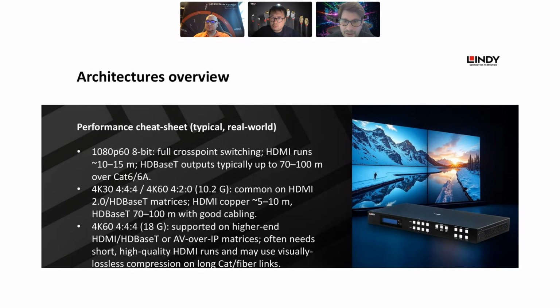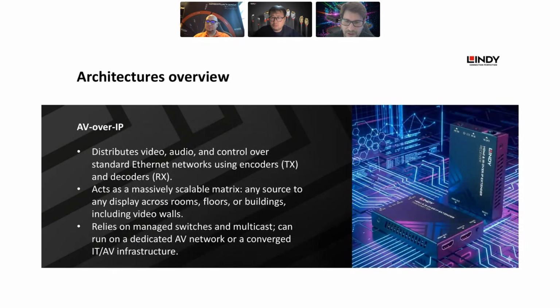Over an HDMI passive copper cable, we recommend use on the input and the output up to 5 meters. 4K 60 Hz, 4:4:4, supported on higher end HDMI, HDBaseT, or AV over IP matrices. Often needs short, high quality HDMI runs, and usually you may see visually lossless compression on long Cat or fiber cables.